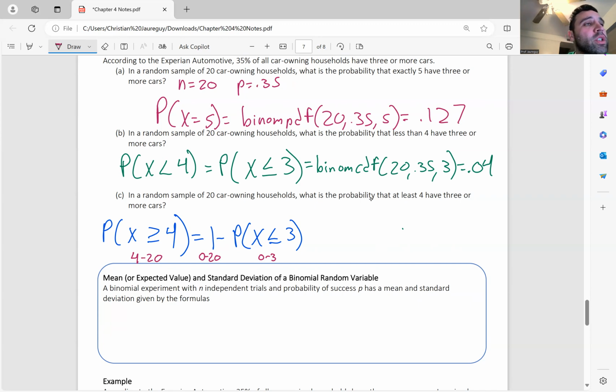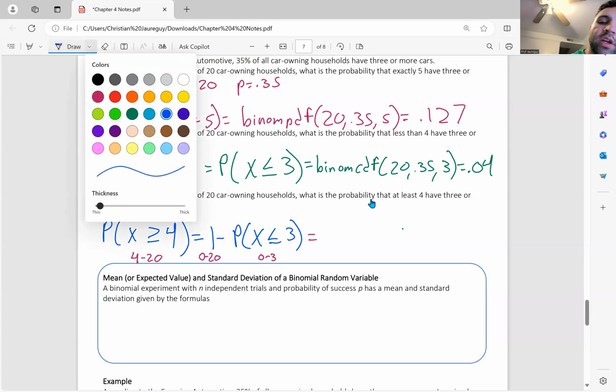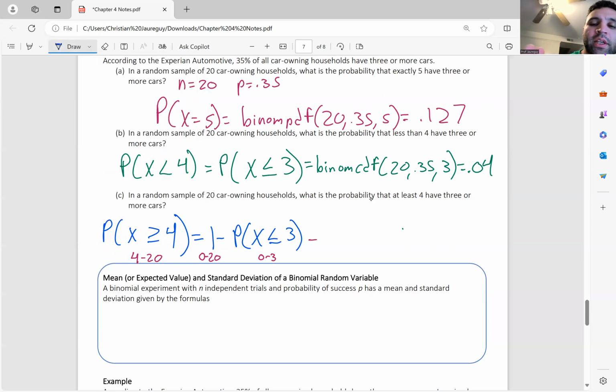So whichever way works for you best, please do it. Because it changes. If that's greater than 4, my situation's different. But I look at the answer above, and I already found the probability x is less than or equal to 3. So I know it's 1 minus 0.04, which is 0.96. Nailed it.